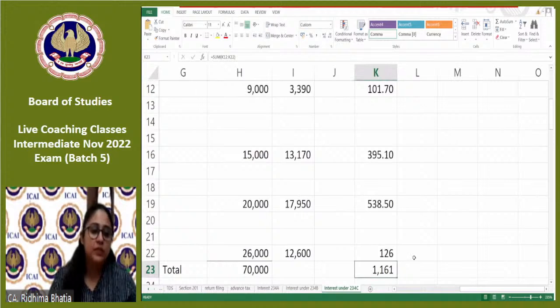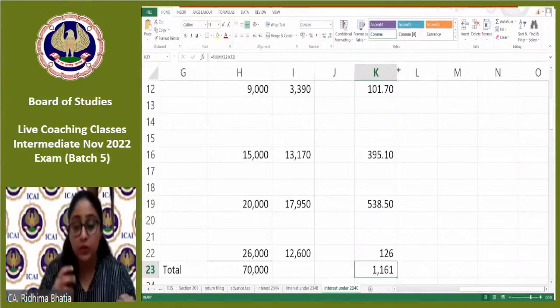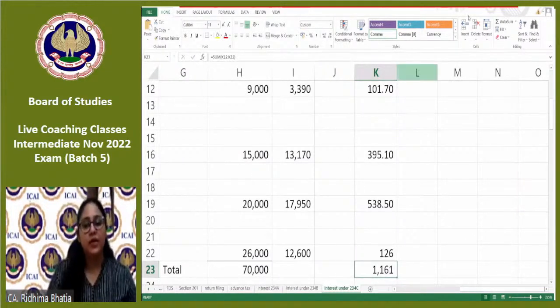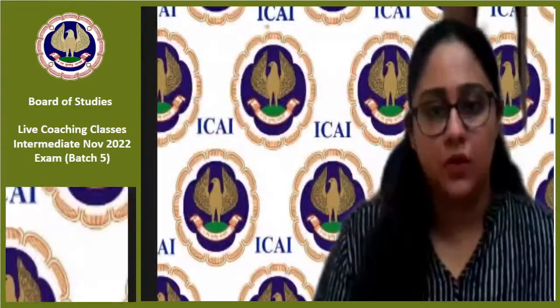Total interest under section 234C is 1161. This plus this plus this plus this. Take your time. Write down this example. Calculate this example yourself and tell me if the answer is not coming.